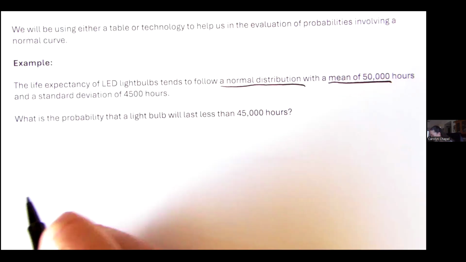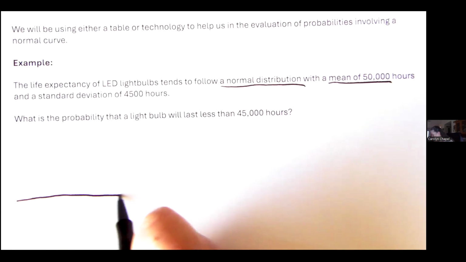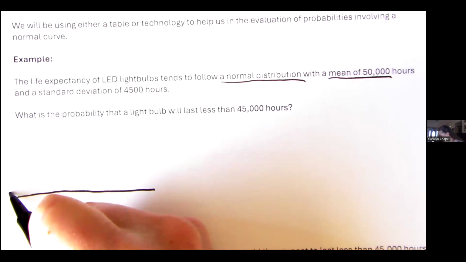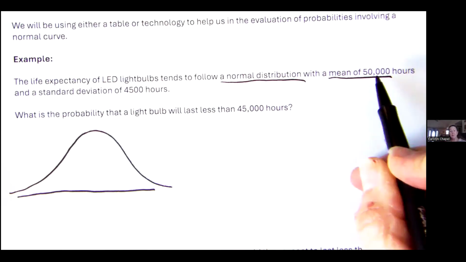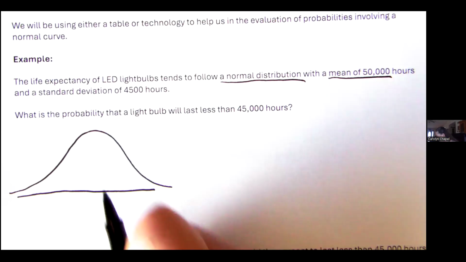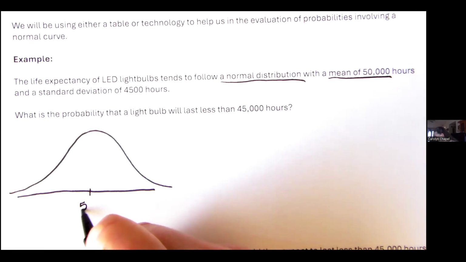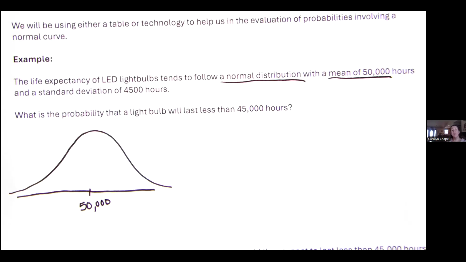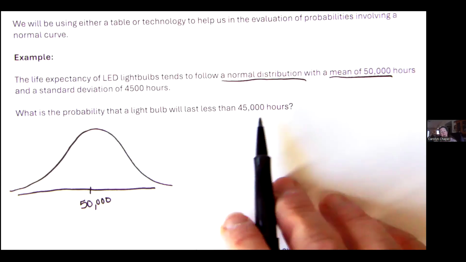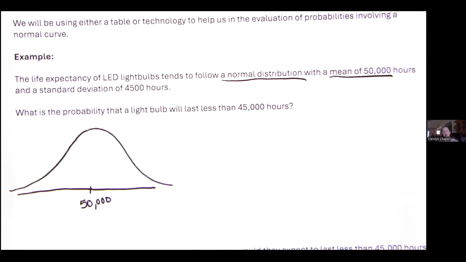Okay, so when I draw my curves, I know it's a normal curve, so I'm going to draw a bell. I put in my mean. So the mean is going to be that middle, that 50,000. And I put that in there for reference so that I can then, when I go and answer my question, I kind of know what side of the mean that value is going to be on.